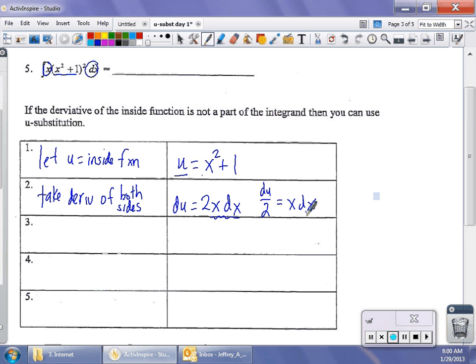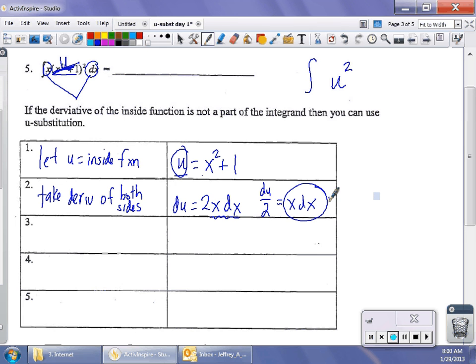So now I can rewrite this expression as the integration of, now I'm going to get rid of the x squared plus 1, and I'm going to put u in place of x squared plus 1. So I get u squared. So the x squared plus 1 comes out, the u goes in its place, and that's where the u squared comes from. Then, over here in the second step, I have a replacement for x times dx. My replacement for x times dx is du over 2.